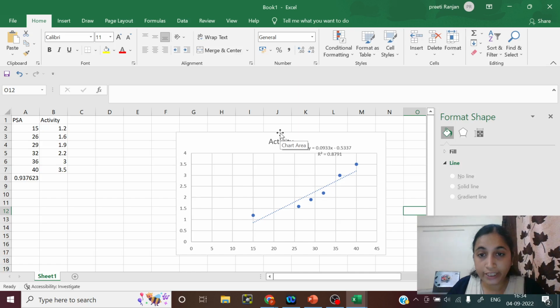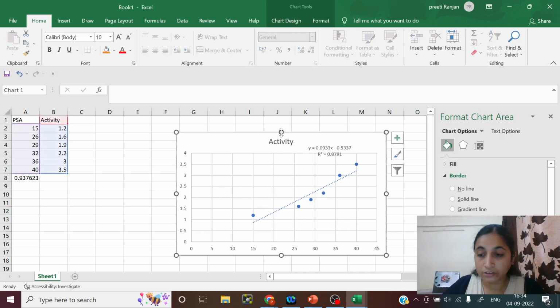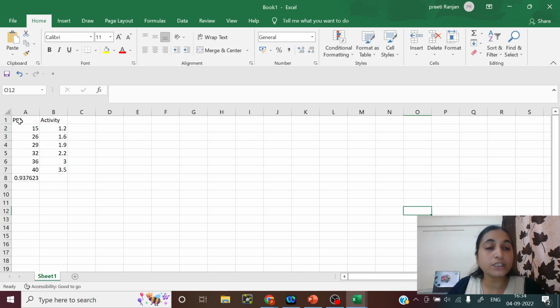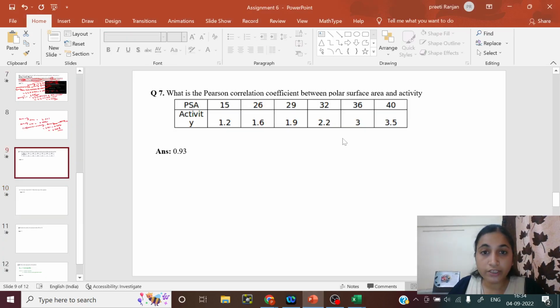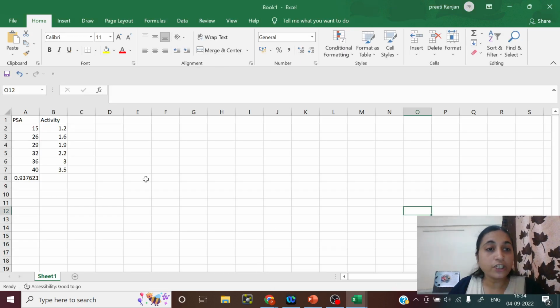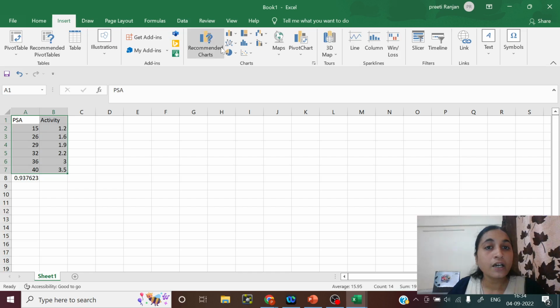Again, should I do it again? Okay. So this is the value as given in question 7, right? This activity and this polar surface area value is given in question 7. So we put this value and finally we select this whole thing. We will go to insert and then we will click on this.